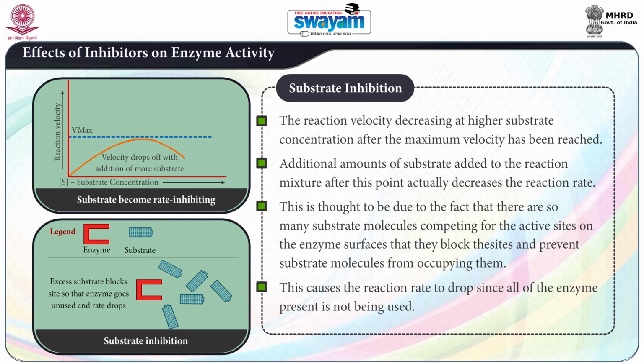But with a very high substrate concentration, the maximum velocity is already reached, and further increase in the substrate gives crowding at the point of active site, and because of this crowding, the binding of substrate to the active site is reduced, and that is why the substrate at very high concentration may sometimes reduce the enzyme rate. In this way, the three types of inhibitors affect the enzyme in different manners.